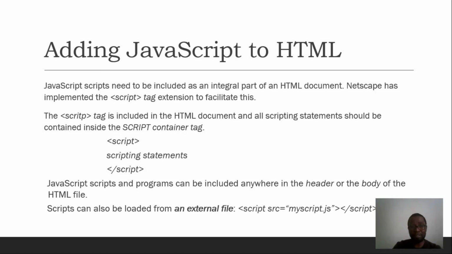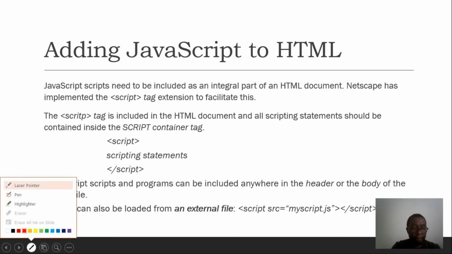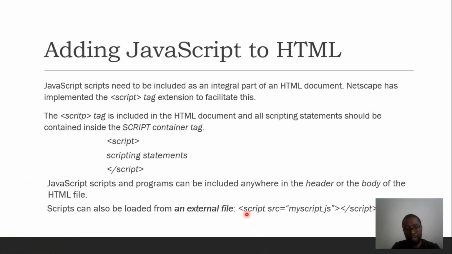And we need to realize that it is also possible to load a script that is an external file. We can do that using the script tag, including identifying the source, the path, and the file that contains the script, and it can always be loaded, just like we did for CSS.